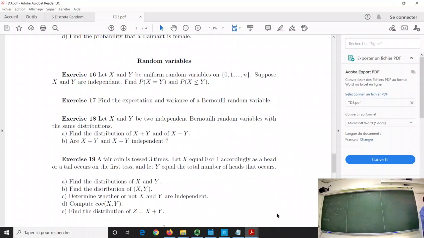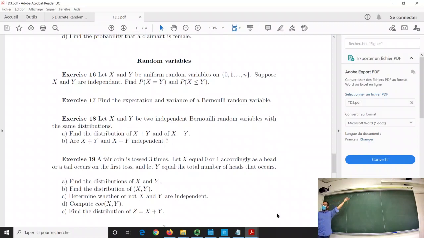So to start, one possibility to see this is to ask what the possible situations are. I know that my two random variables take values in 0, 1, 2, until n.